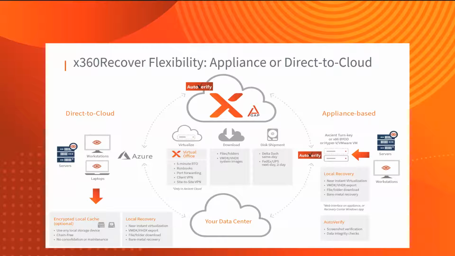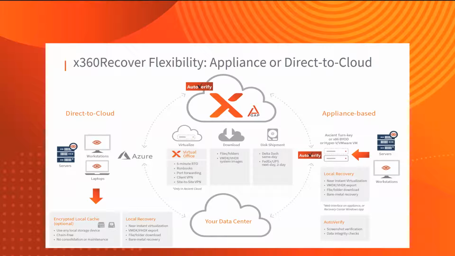Okay. Now, I will cover that in our installation today. So I'll talk more about that as it comes up. And then over on the far right-hand side of your screen, you can see one of the other optional deployment methods. This is really our appliance base. This is what's going to help some of your customers that have an SLA to get a system back up and running in less than 15 minutes.